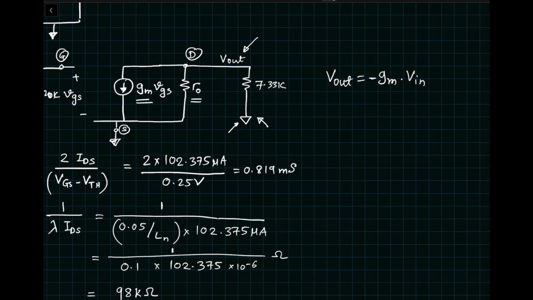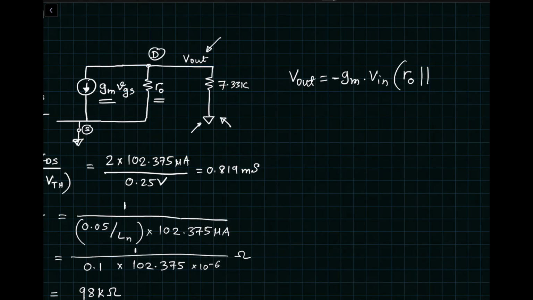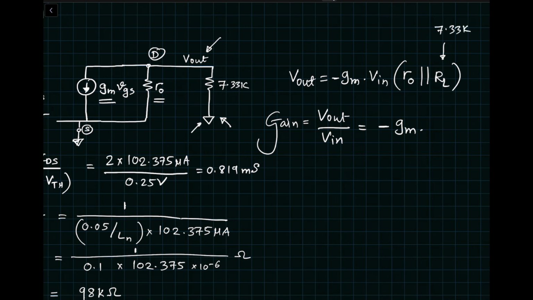That current is going to flow through our two resistors in parallel, R0 and 7.33K, R0 parallel RL. That would be your V out. So the gain expression is V out divided by V in, and that will be minus GM times R0 parallel RL. RL is equal to 7.33K and R0 is equal to 98K.